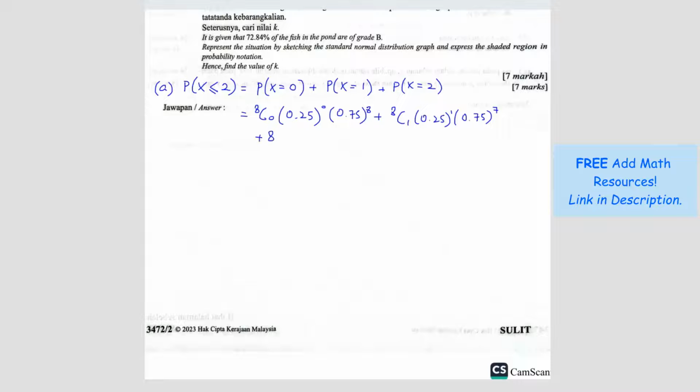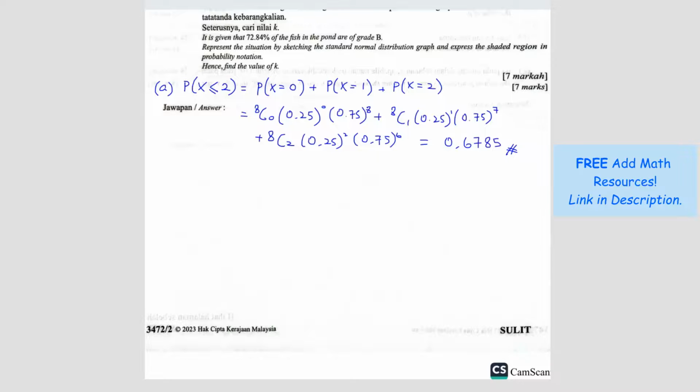Last one, 8C2, 0.25 power 2 and 0.75 power 6. When you calculate this, I'm just going to write the answer straight. The answer will be 0.6785. You can just straight away do this on your calculator.